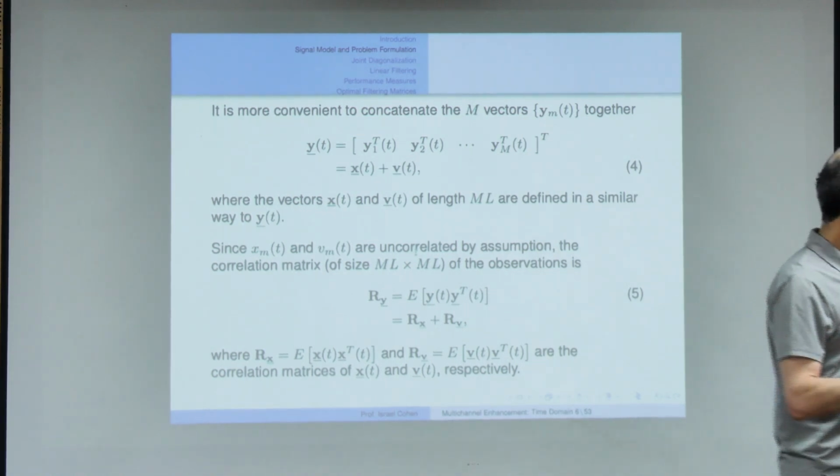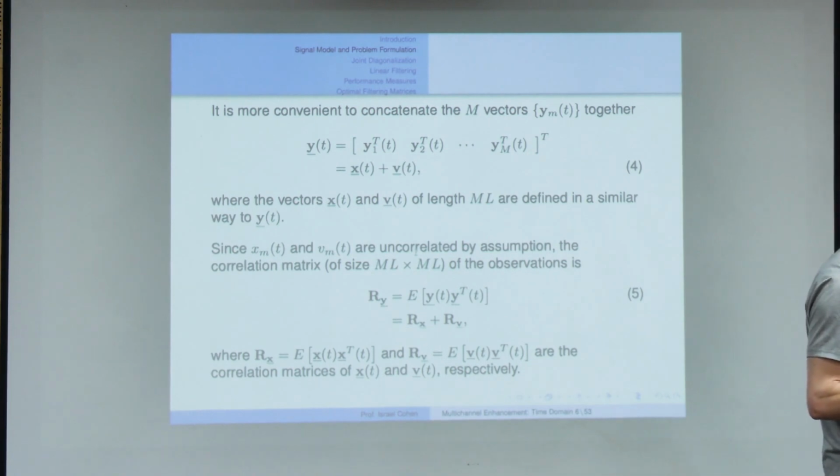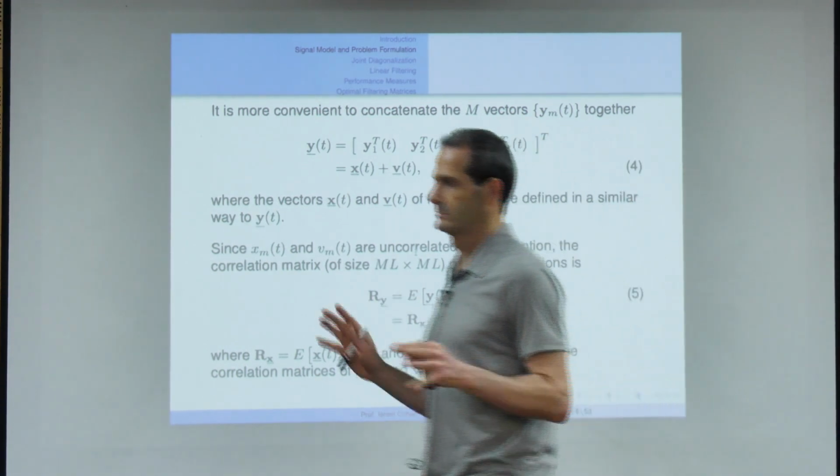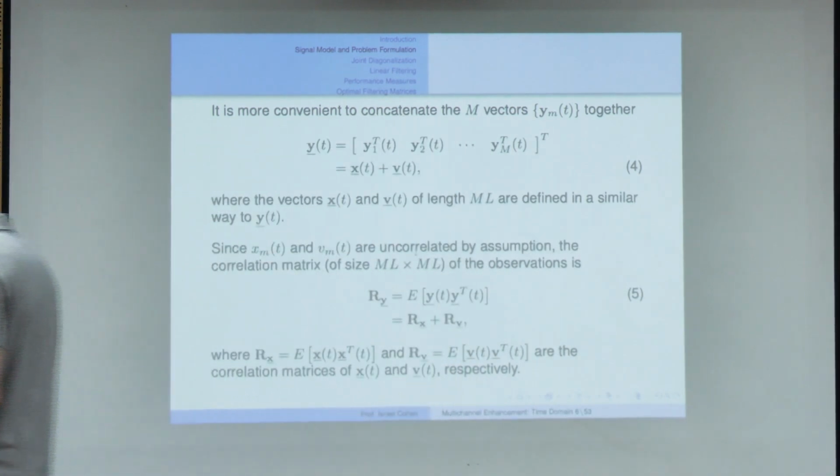Now we need to know also the correlations between samples in different sensors. So it's more information, and if we use more reliable information, we will get better performance. If this additional information is unreliable, it will be even worse than a single channel.